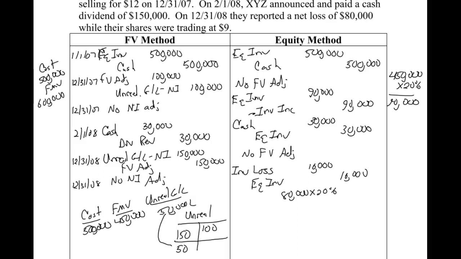All right, so if you notice some of the differences, the cost over here is still 500,000. That's the carrying value of the asset. Over here, the equity investment is influenced by every transaction. We started at 500, and then we added 90, and then we subtracted 30, and then 16. So our updated value is 544,000.